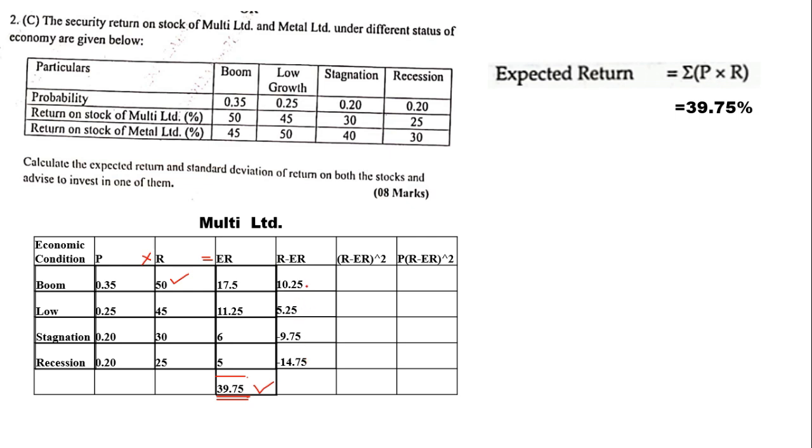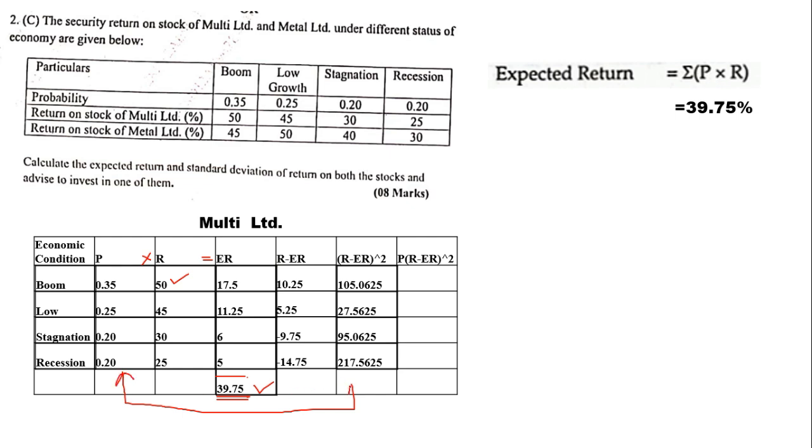Once we get that, we need to square them. So 10.25 square, 5.25 square, negative 9.75 square and negative 14.75 square. So we get the answers as 105.06, 27.56, 95.06 and 217.56.